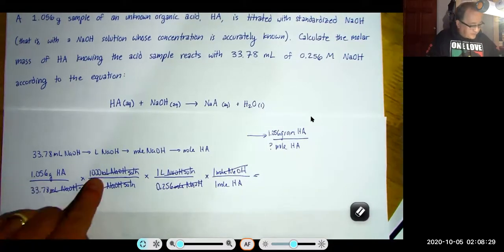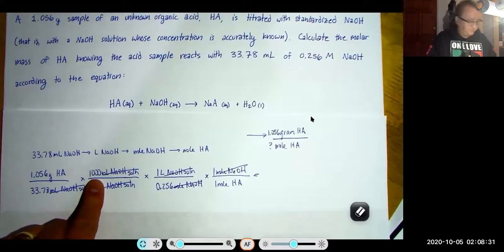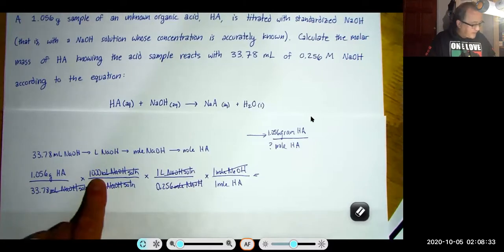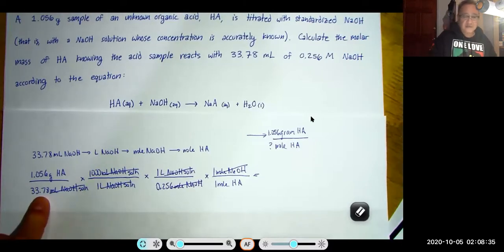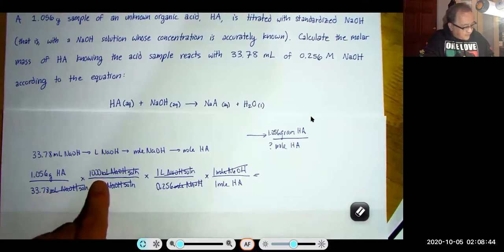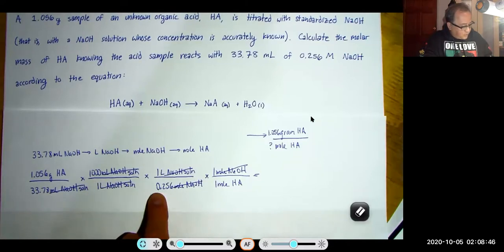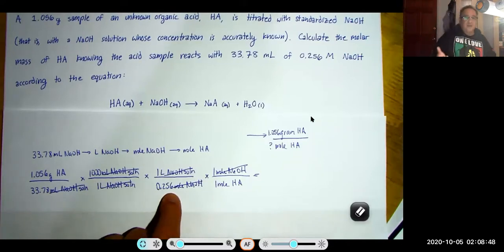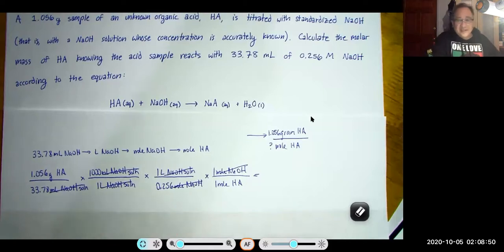So let's go ahead and estimate. 1 times 1,000 is 1,000. 1,000 divided by 33 is tough. 33 goes into 100 3 times, so it should go into 1,000 30 times. Now, 30 divided by 0.256, that's a tough one. And it's making me realize I wish I'd done this a different way, and it's not too late.